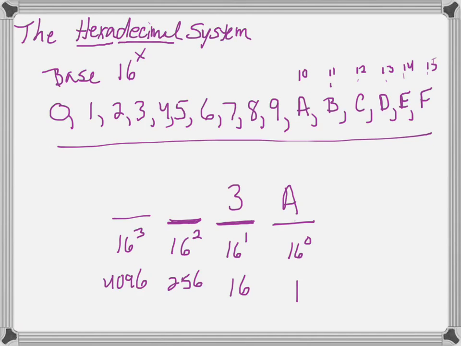What is that in decimal form? Well, an A is a 10, right? An A is a 10. I'm going to kind of secretly put that up there, a 10. 10 times 1 is 10. A 3 means we have a 3 in the 16 groups. So 3 times 16 is 48. Add them together and I get a 58. So a 3A hexadecimal number is 58 in decimal.